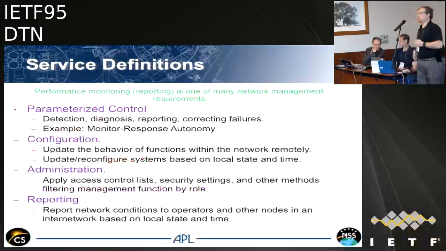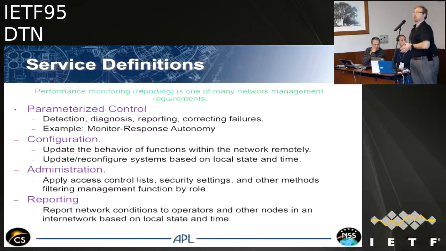So I captured high-level requirements in two ways. One is a set of service definitions for an asynchronous management capability, and the other is desirable properties. And we can reduce those to a set of requirement specs, or we can look at the AMA and say that that satisfies, with some modification, the requirements needs. So from a service definition standpoint, this is sort of a subset of FCAPS.